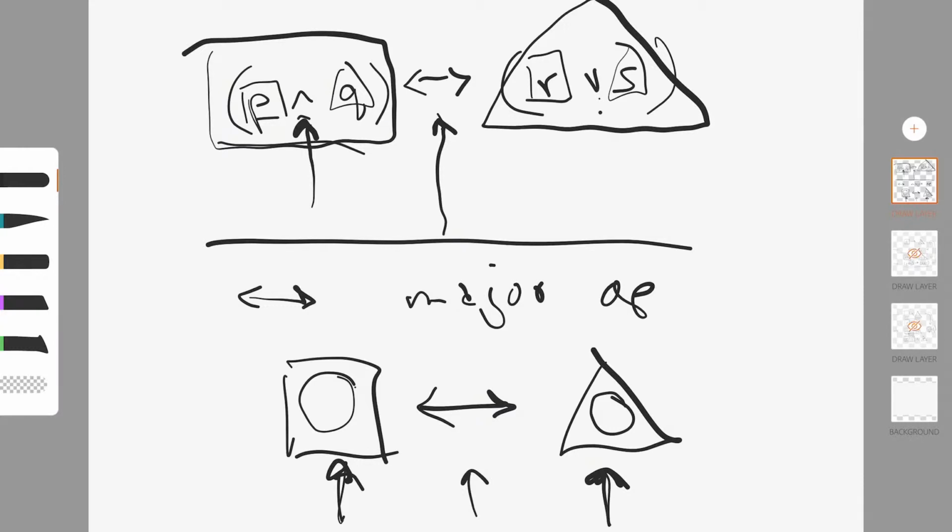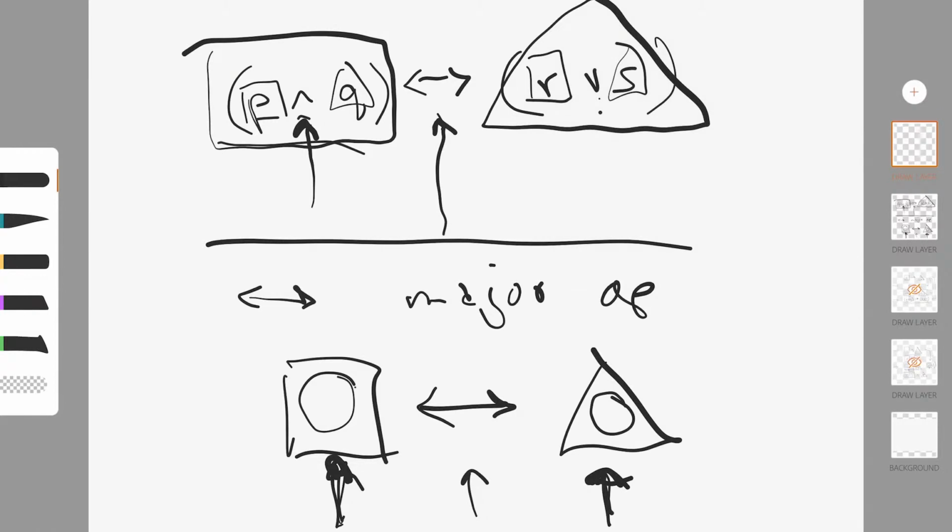And we saw that with the truth table for the operator material equivalence. If we construct the truth table, what we find is, for each row of the truth table, we have two truth values going in, one for the left expression, one for the right expression, and one truth value coming out.